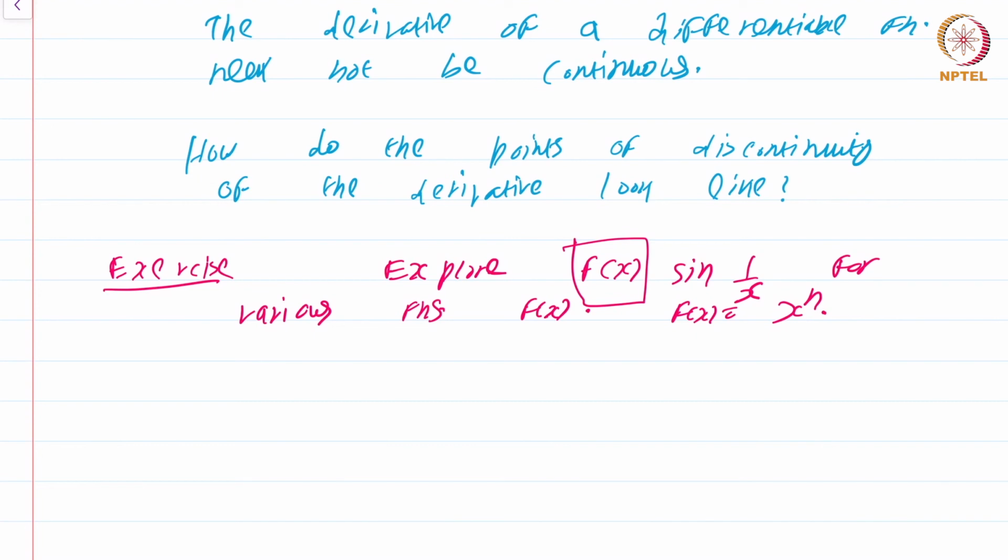Now, in a later module, I will show the Darboux theorem, which says that the derivative will nevertheless satisfy the intermediate value property. Now, why is this important? If the derivative satisfies the intermediate value property, then it cannot have jump discontinuities. The derivative can only have such wild oscillatory discontinuities, and that's for a later day.